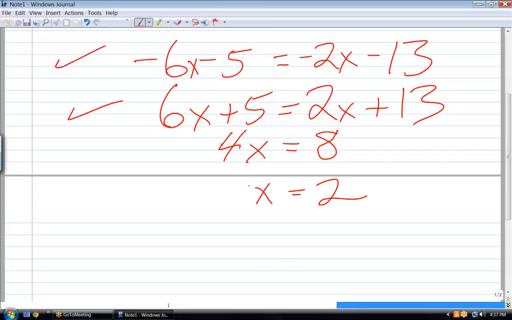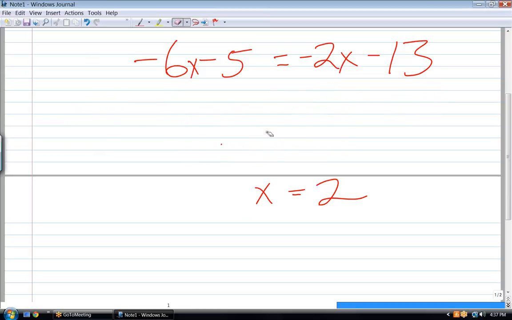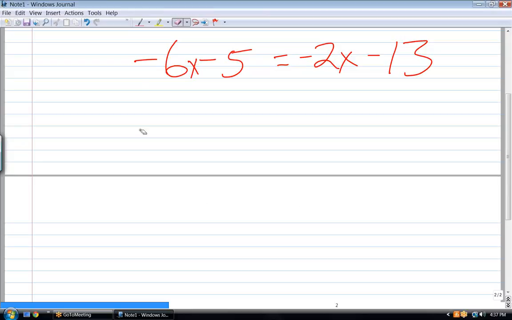Okay, so we solved this pretty easily doing it. Now let's go back and just make sure that it solves the same way without that first step. Well, you'll notice how much harder it's going to be. Well, not so much. Not if I move my 6x to the other side and my minus 13 to the left side.